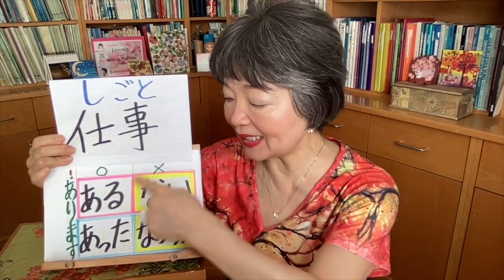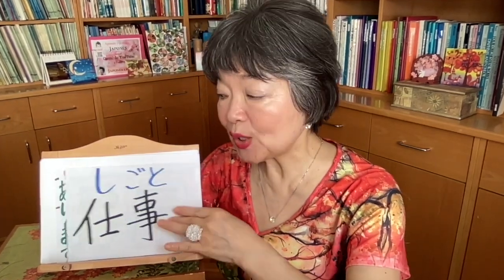You don't have work, right? So present tense but negative. So in this case, ない: 明日仕事がないでしょう, 明日仕事がないでしょ, 明日仕事がないだろう.